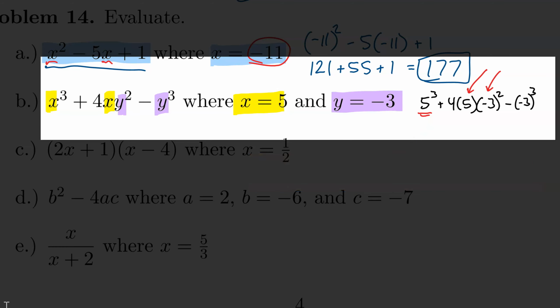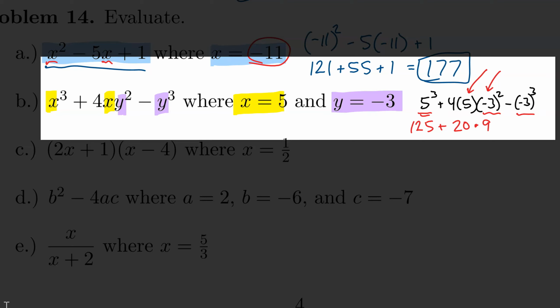So let's see. 5 cubed is 125, plus I can multiply the 4 and the 5 together to get 20. And then separately, let me square the negative 3. Negative 3 squared becomes a positive 9. And now at the end, I have negative 3 cubed, which equals negative 27.